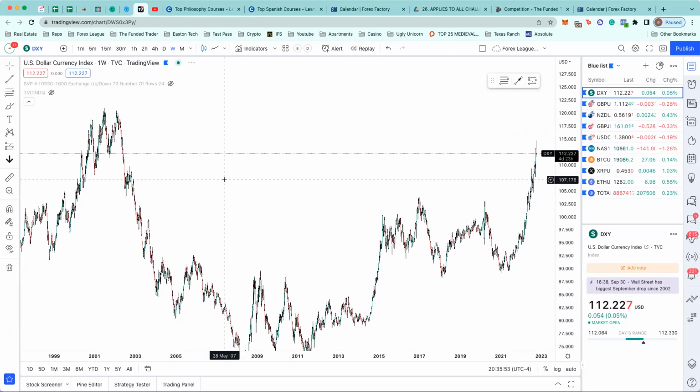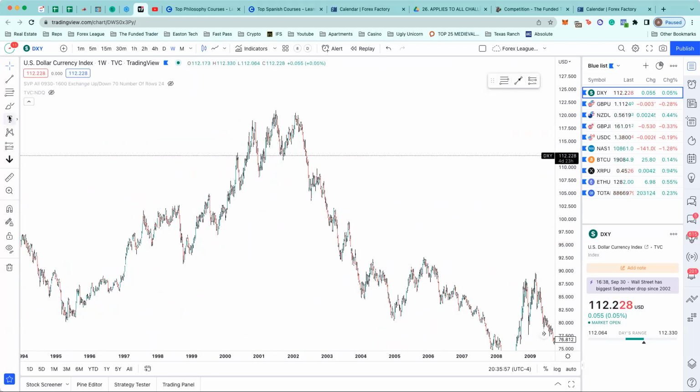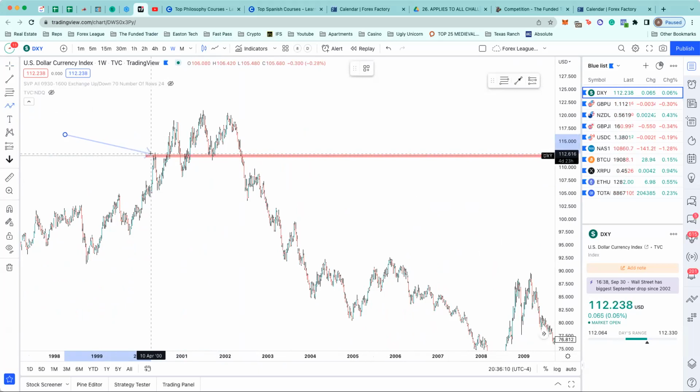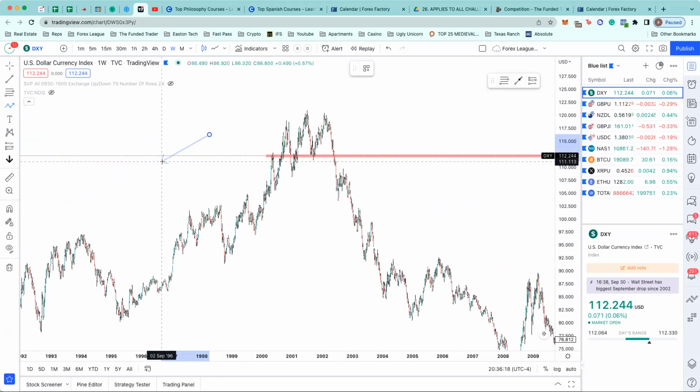So let's zoom out a bit, and I can already tell, based on what I can see, this is definitely going to be a key level. We've got resistance here, and support right there. All I'm really looking for is where price has previously hit a level and either rejected with a lot of volatility or found support with a lot of volatility. Clearly, this is an area where that has happened.